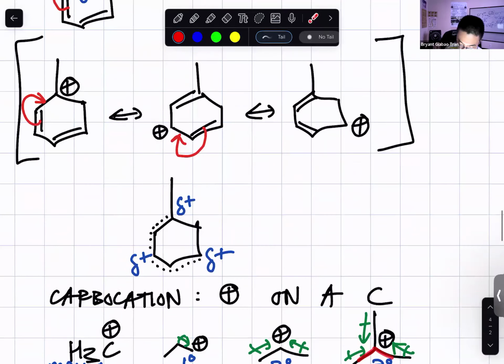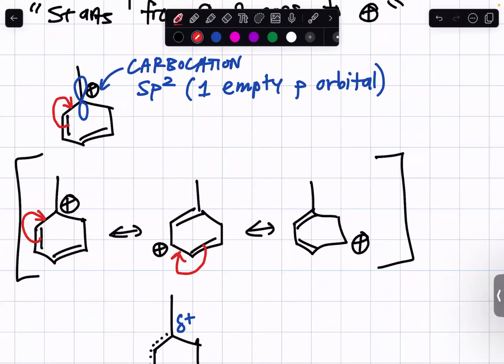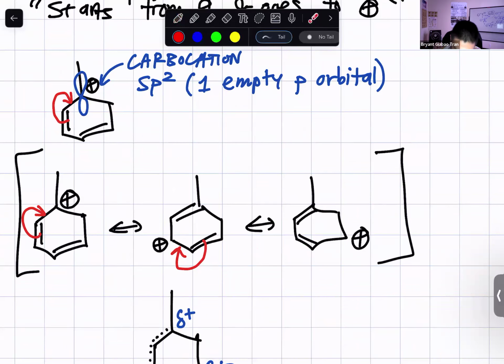Okay. Right? So based on that factor, which one here would be our major resonance structure? Would it be the third one? The third one right here? Oh no, it's the top part.